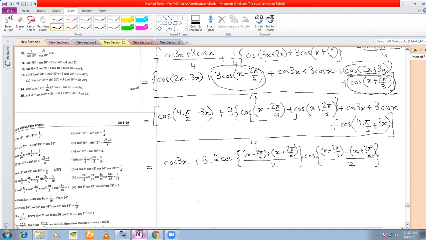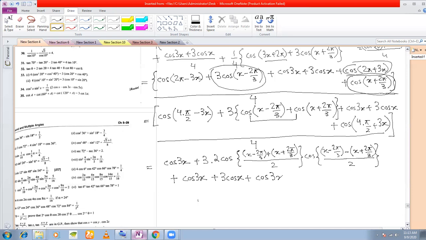And you have plus cos 3x, we write as it is, plus 3 cos x we write as it is. Nothing can be done with this. And this cos (4 into pi by 2 plus 3x) is what? An even multiple, so cos remains cos. And this is in the first quadrant. 4 into pi by 2 means one complete rotation plus 3x, which means it comes to the first quadrant.